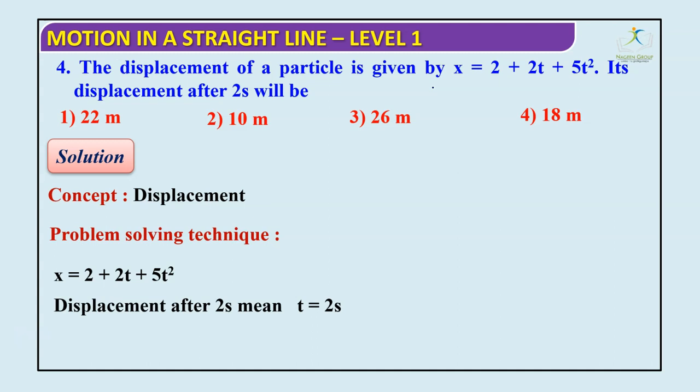So displacement after 2 seconds means t equals 2 seconds. For that, x2 is equal to 2 plus 2 into 2 plus 5 into 2 whole square, which comes 26. How did it happen, student? I just put the value of 2 seconds in equation number 1. Now I hope you understand the process. Hence the correct option for this question is the third.